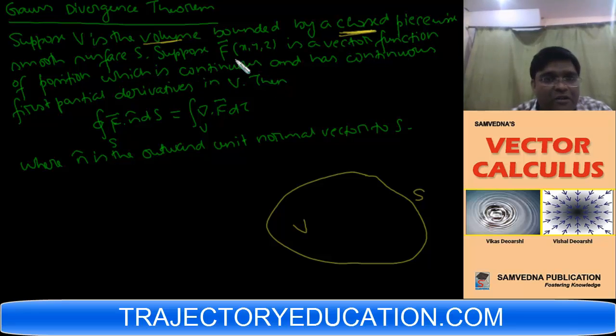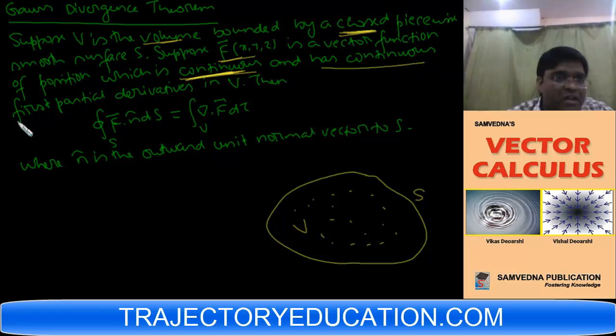Now f is a vector function, which must be continuous. This is very important. It must be continuous at each and every point which lies inside S, each and every point in the volume V enclosed by S, and it should have continuous first partial derivatives at each and every point.